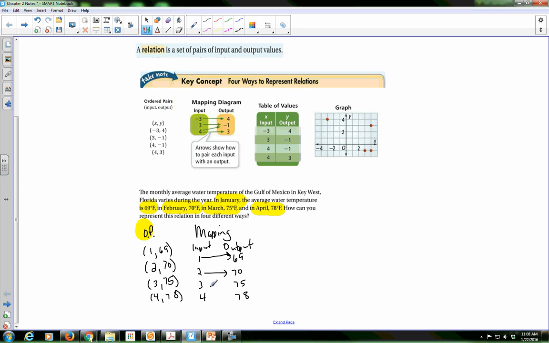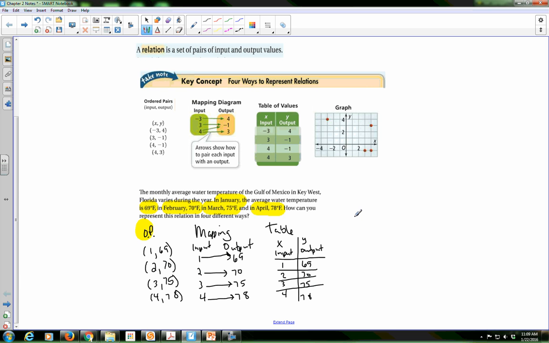I don't know what happened to that arrow there. And then my table of values looks like x for the input and the y, which is the output. So I have 1, 2, 3, and 4, 69, 70, 75, and 78.